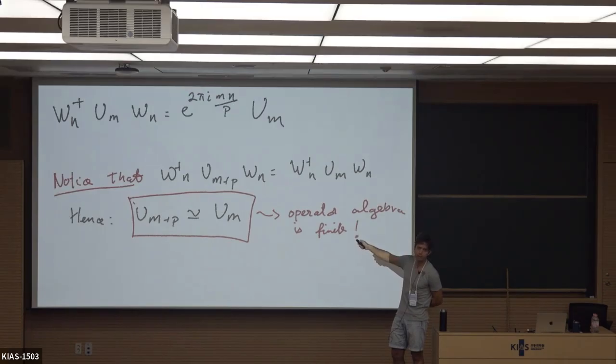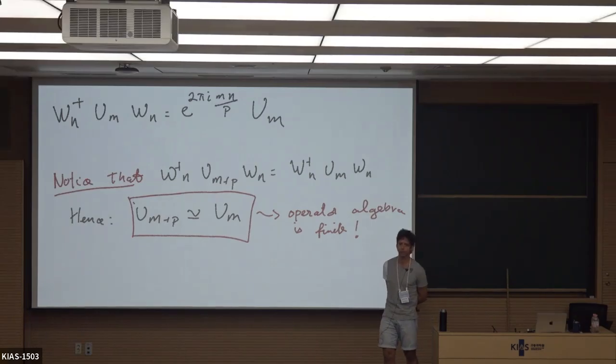N has to be an integer, so the phase shifts by 1. So U_{m+p} and U_m are actually identified. So in fact, what this tells me is that I don't have an independent operator U_m for all m in Z. I only have independent operators for m from 0 to p minus 1.